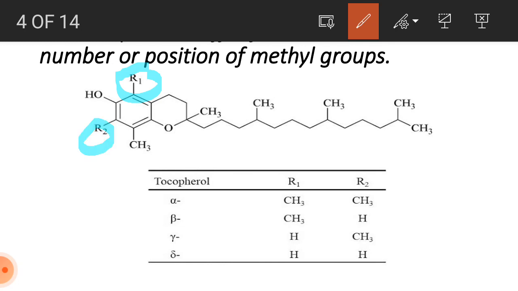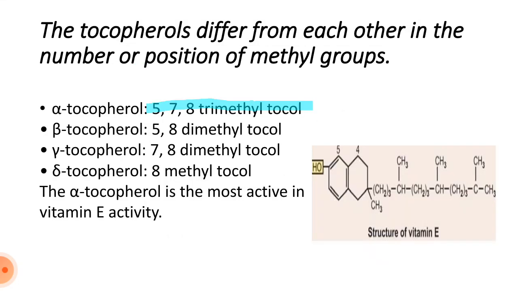If in place of R1 there is CH3, a methyl group, and in place of R2 also there is another methyl group, then it will be an alpha-tocopherol, also called 5,7,8 trimethyl tocol.